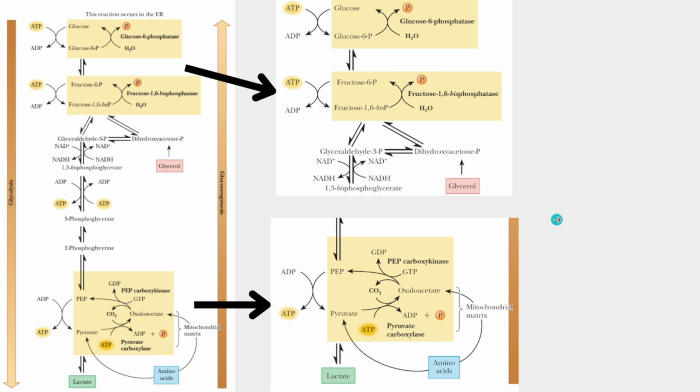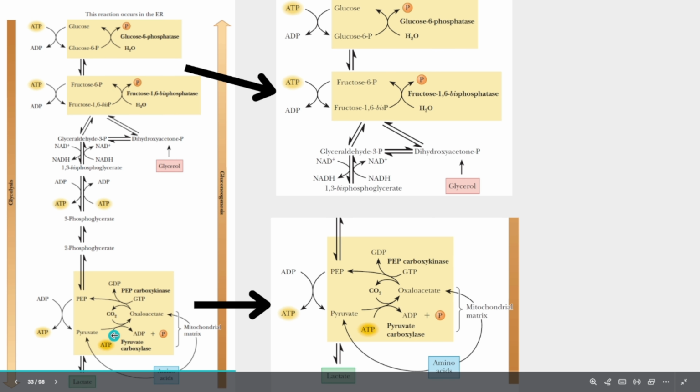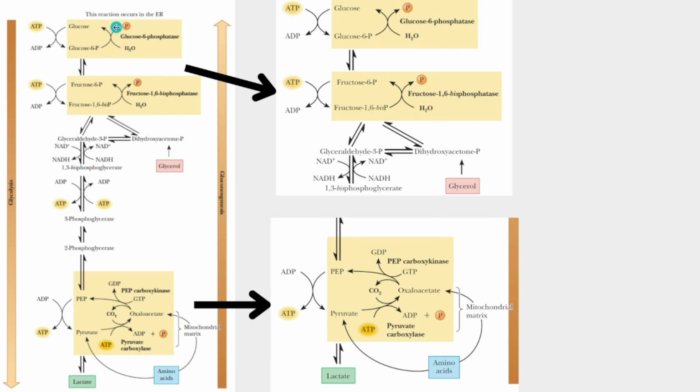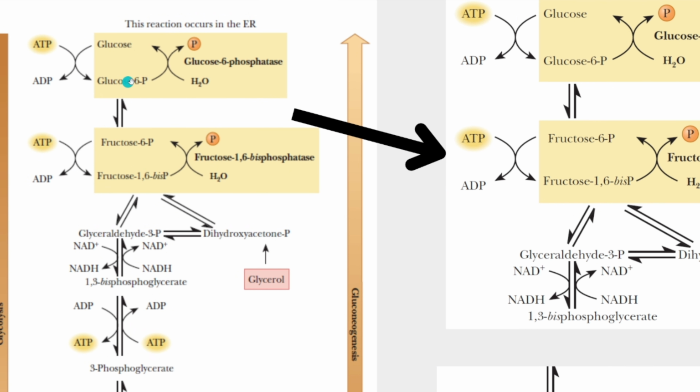Okay, so here I don't want to repeat all the processes. I just want to focus on some of the reactions only: the first reaction, the third reaction, and the final reaction of glycolysis. They are irreversible. Meaning that you cannot use the same enzyme to convert glucose 6-phosphate back into glucose.